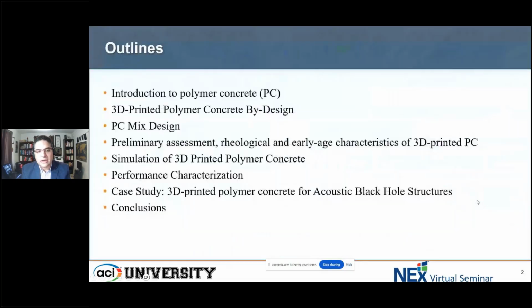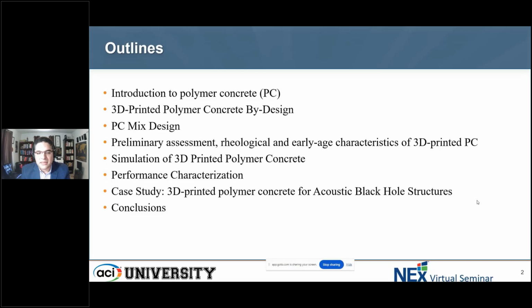So I'm going to talk a little bit about polymer concrete. As Aparna said, this is a material I've been working with for the past, I would say, 30 years or so. We'll talk about our new research and work on 3D printed polymer concrete by design, the thought about it, and the mix design for the polymer concrete.